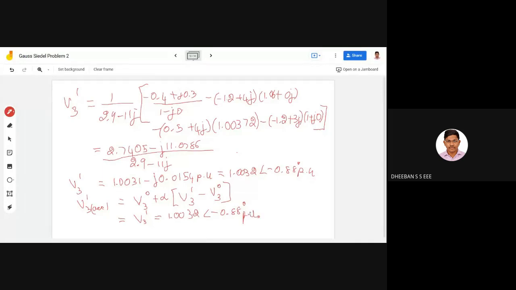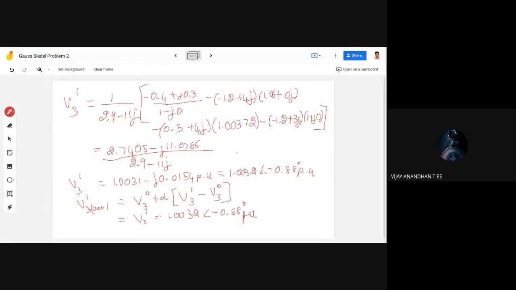Everywhere you have to put the unit as per unit, p.u., because we are representing everything with respect to per unit values. In this one, you are writing V2 dash as 1.00372.